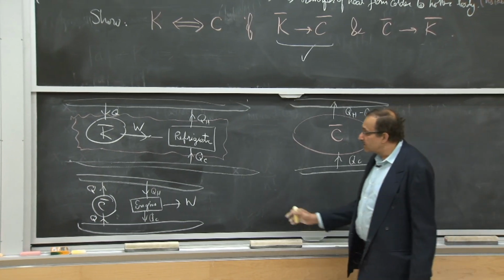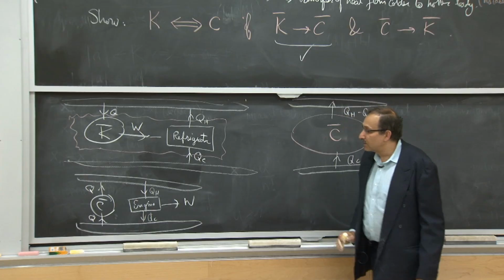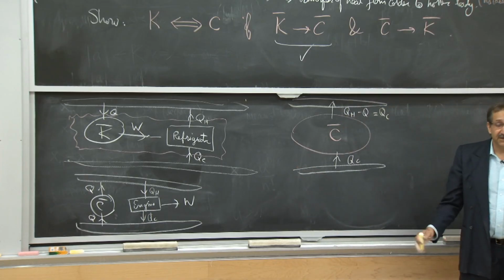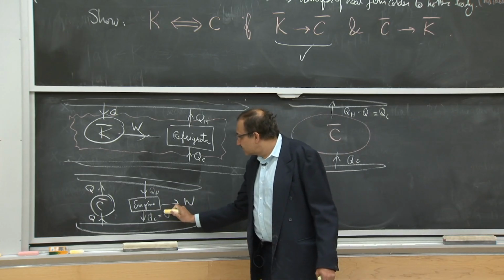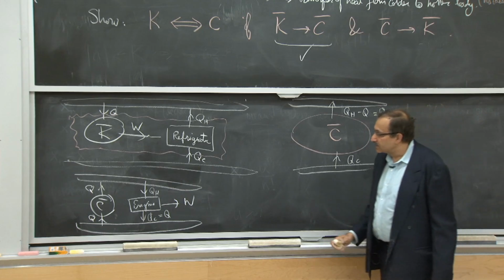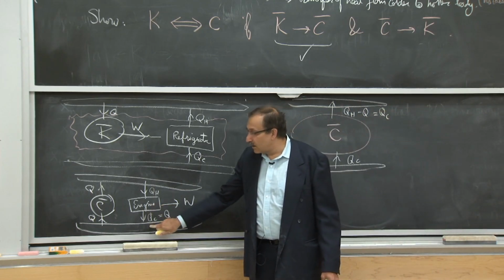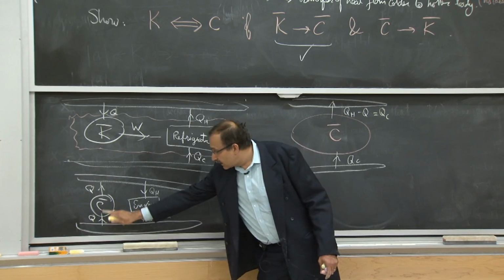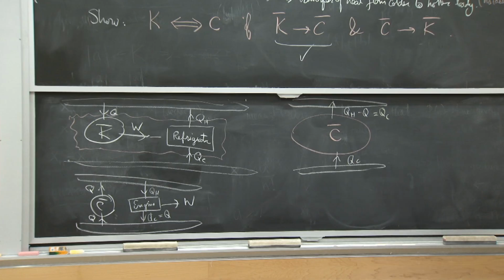And then we will run this engine several times or fractions of times, etc., and the other machine several times, ensuring that QC is the same as Q. That is, the engine puts out as much dumped heat as this anti-Clausius machine is extracting from the room.